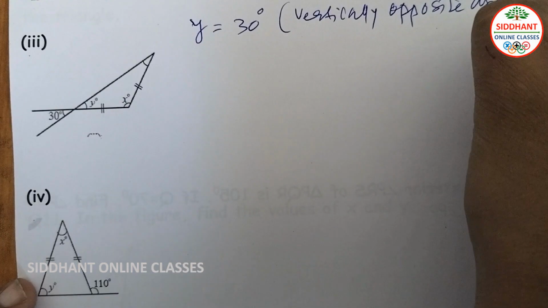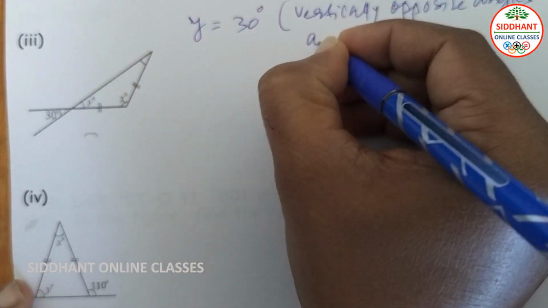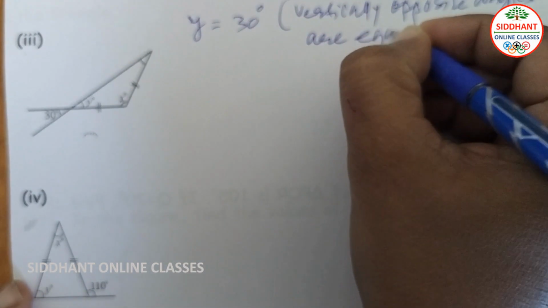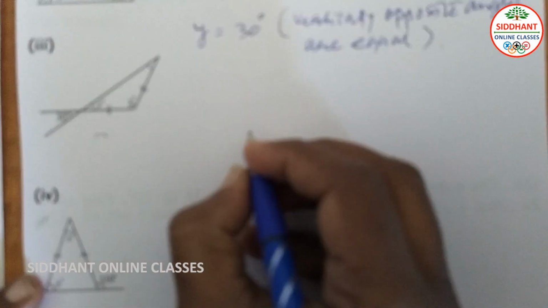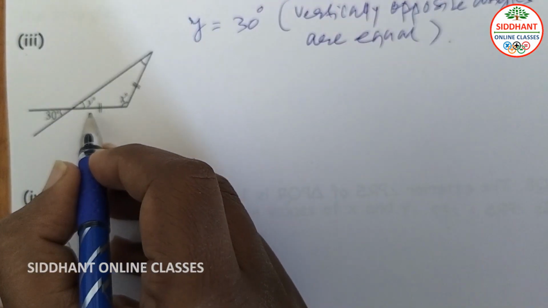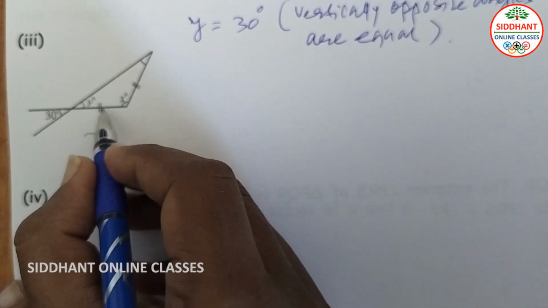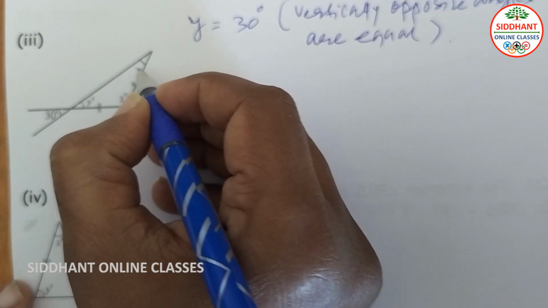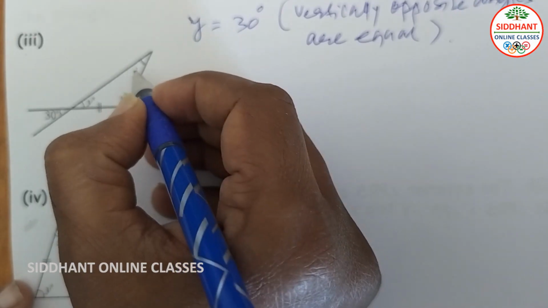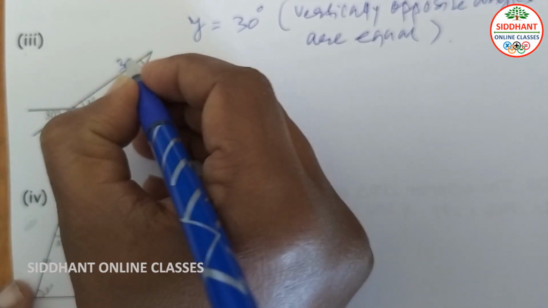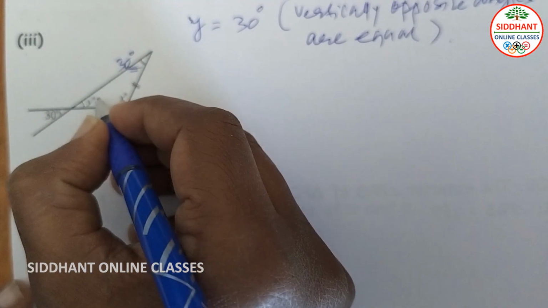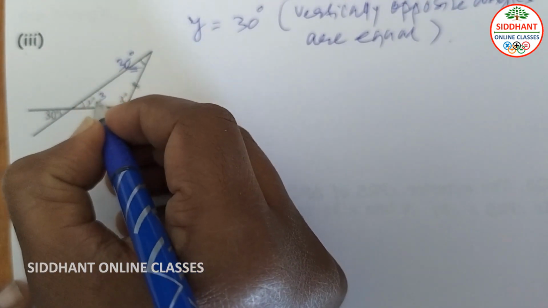So y we got 30 degrees and the sides are equal here. When the sides are equal, then this angle is also 30 degrees here. So one is 30, another is 30.